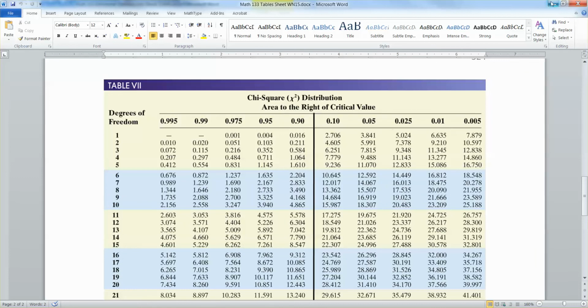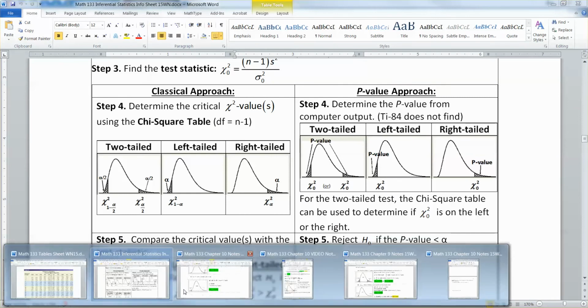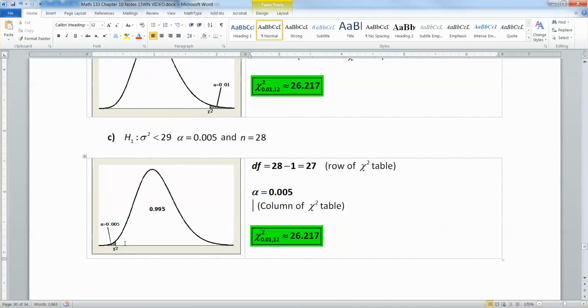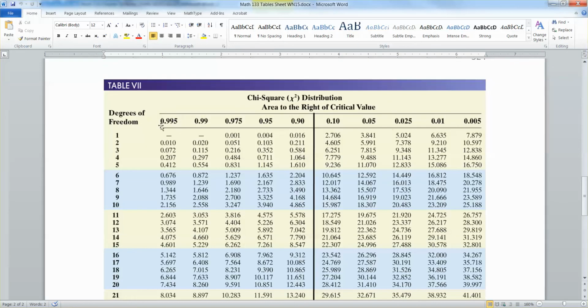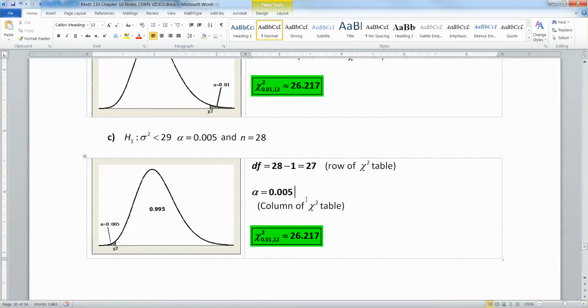So if you're over here on the left-hand side, the area to the right is 0.995. So I'm going to grab 0.995, that's my column right there. And there we have it. There's the column we're looking for. Okay, so row number 27, column 0.995.